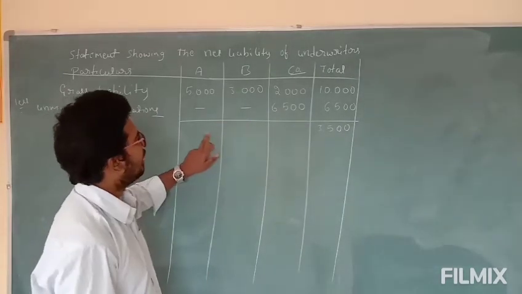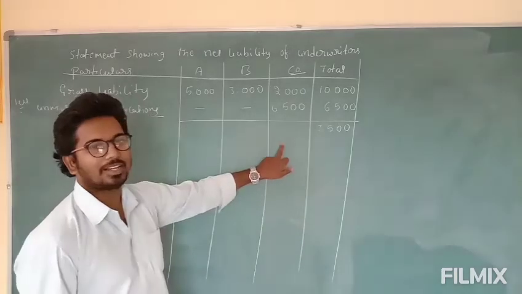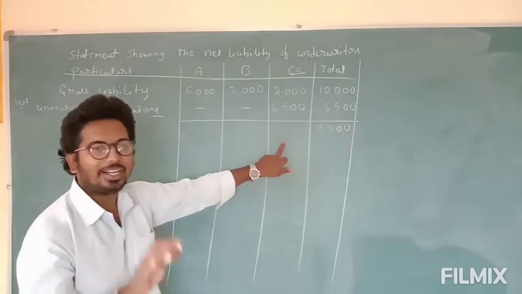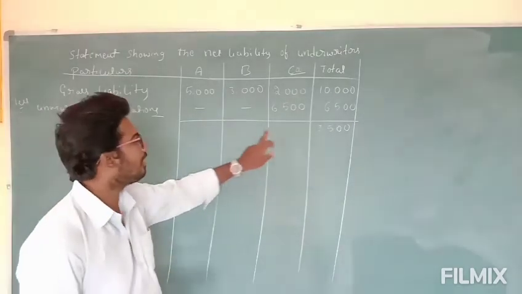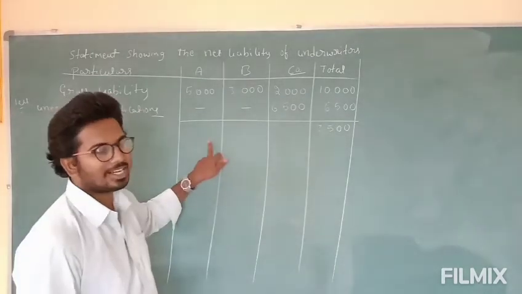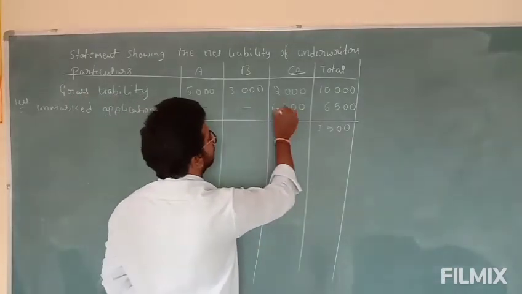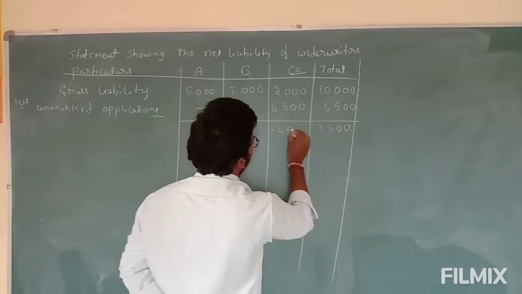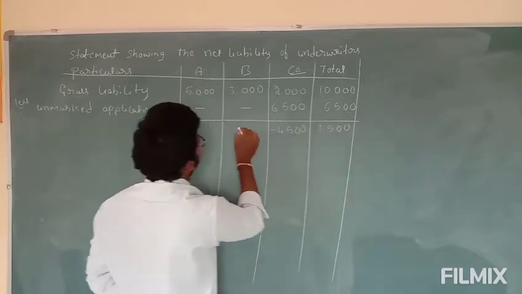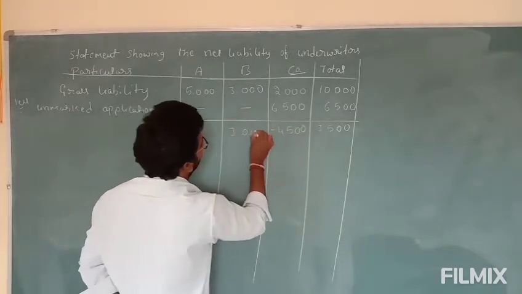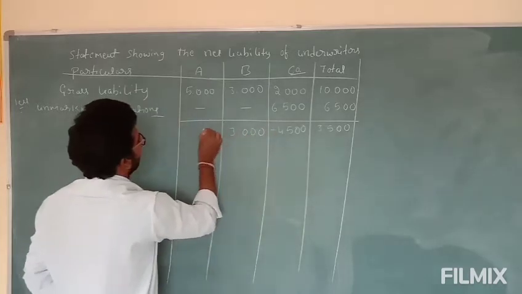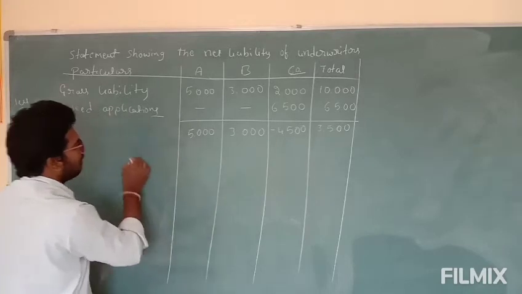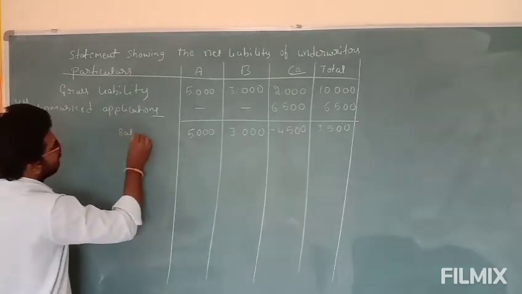Similarly, when working with underwriters along with the company, any surplus that you get from the company you distribute to the remaining underwriters. So 2,000 minus 6,500 gives minus 4,500. Here A and B remain at 5,000 and 3,000, what we call the balance.